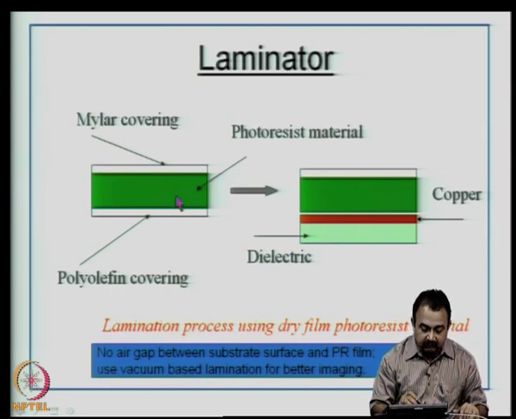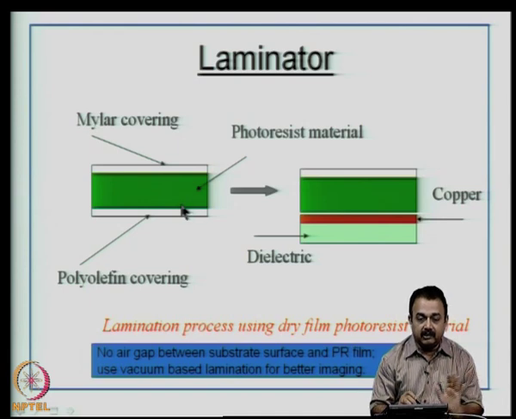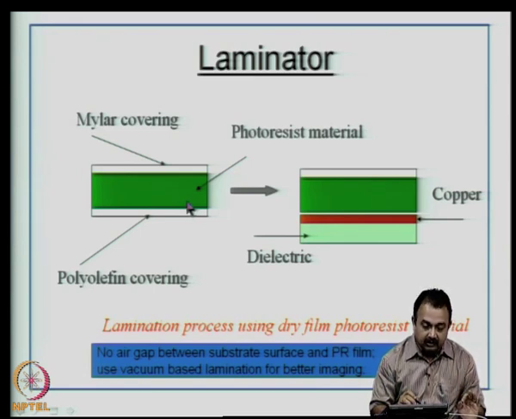The thickness of this photoresist material is well defined. It could be 25 to 50 microns, depending on that particular batch of the material. The thickness is going to be guaranteed the same. So, that is one of the key advantages of using a dry film, which in a wet film may not be reproducible all the time.